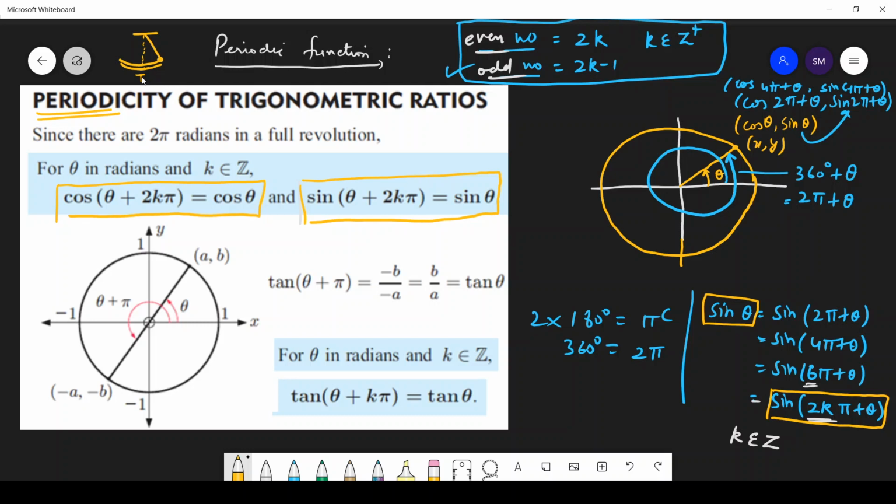So time period is a different thing. Time period is the time taken to complete one revolution. But here periodicity is of the functions, and the periodicity of this function means when the value starts repeating.